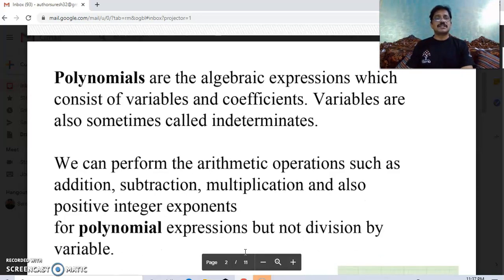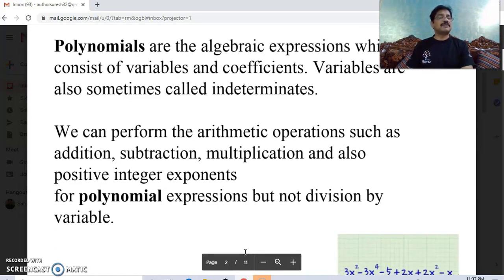So you can't divide a polynomial by a variable. You can multiply, you can add, you can subtract. All these operations can be performed on polynomials, but you should not divide any polynomial by a variable.